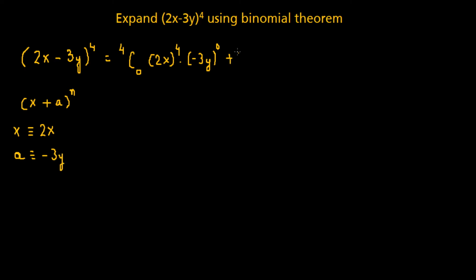Let's go to the second term. So this is 4C1 times (2x) raised to the power of 3 times (-3y) raised to the power of 1.